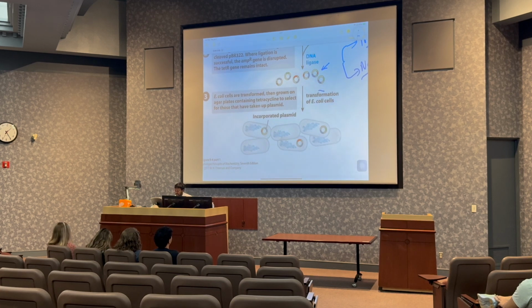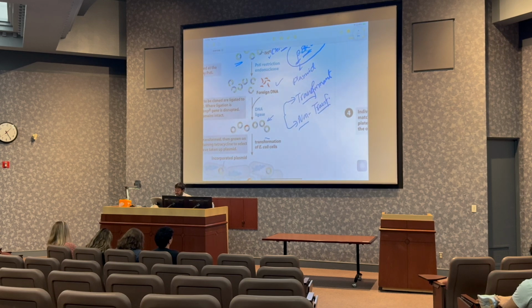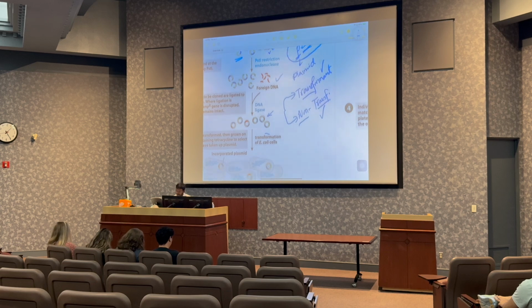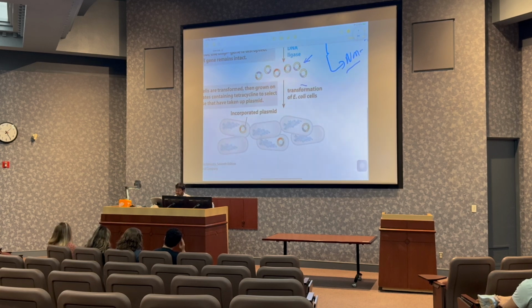Now there are two different cases. There could be a transformant colony and there could be a non-transformant colony. You want this DNA to be taken up by the cells. This is called the process of transformation. I could explain them in more detail because I do those experiments.